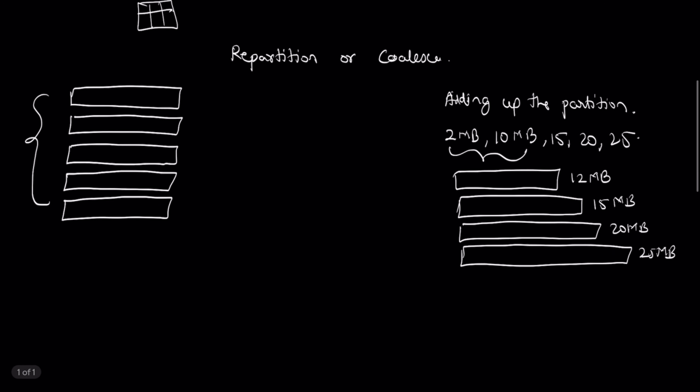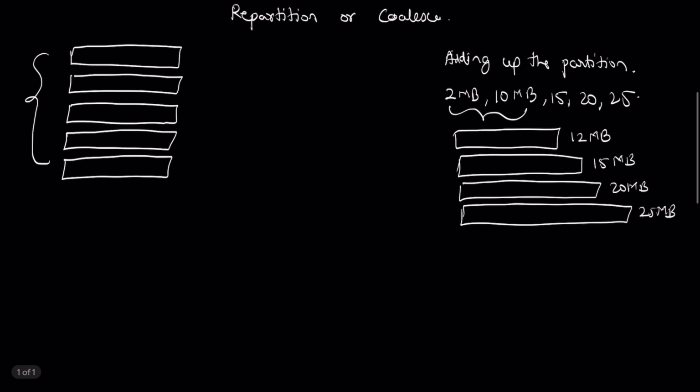So what coalesce basically does is add two different partitions to reduce the number of partitions, whereas repartition distributes the data equally among the number of partitions. And due to this reason, we are able to solve the problem of the hotspot. Now, no partition is basically the hotspot.